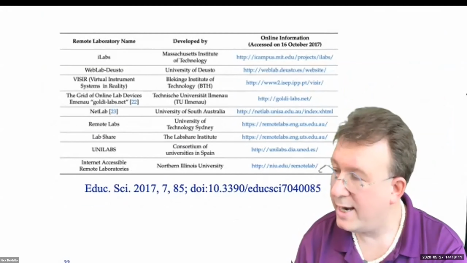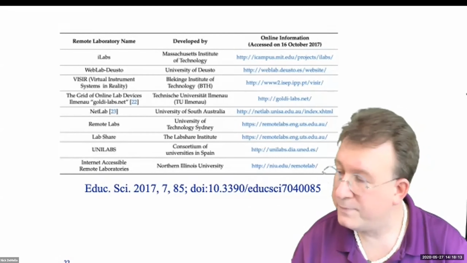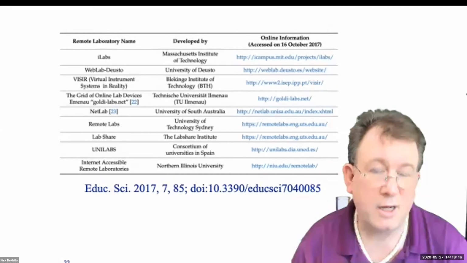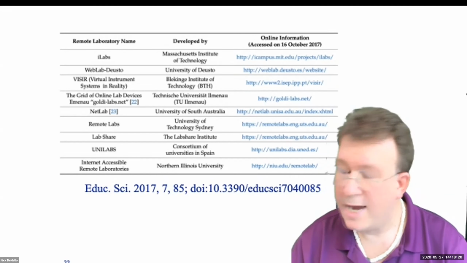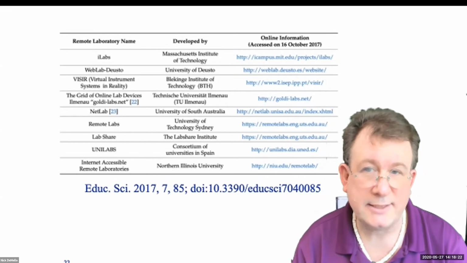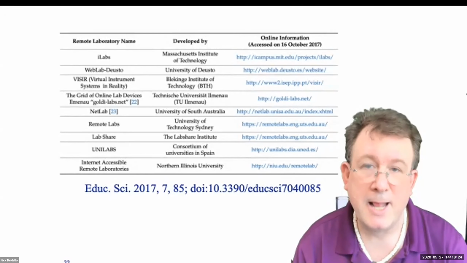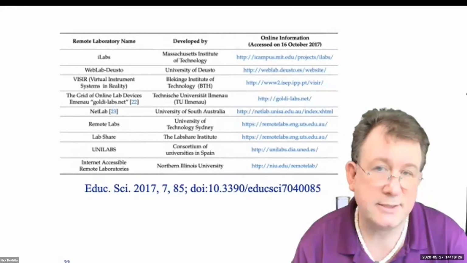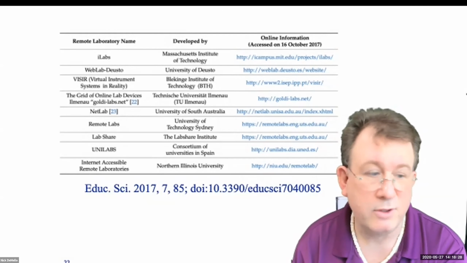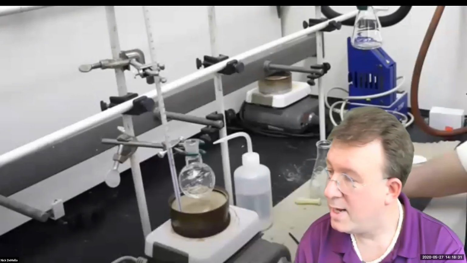That's more the case here. But what we're looking at, and here are a number of institutions that offer dial-in or remote participation experiments. I think the iLabs one at MIT has since shut down, but my guess is as we progress farther with COVID, there's going to be more of this going on.